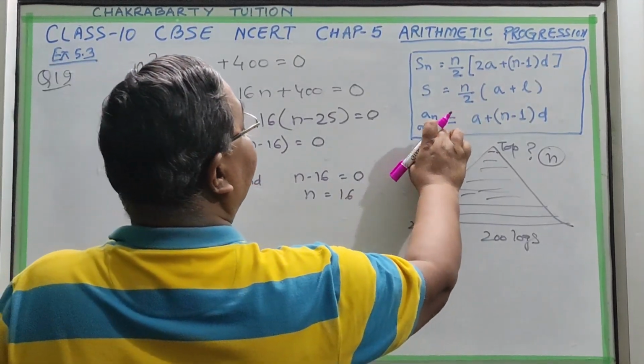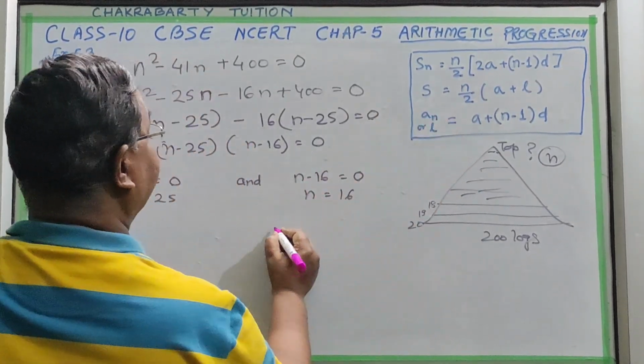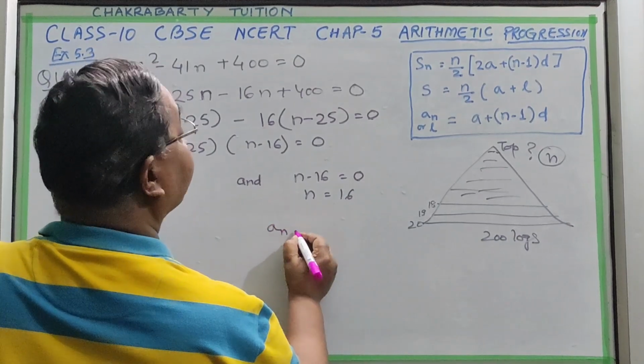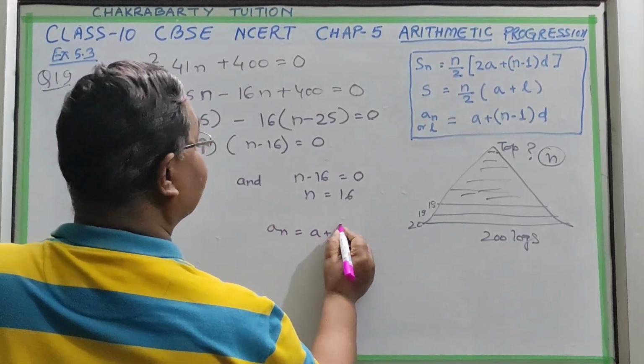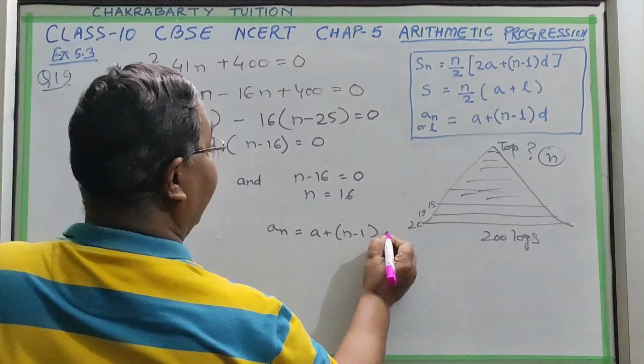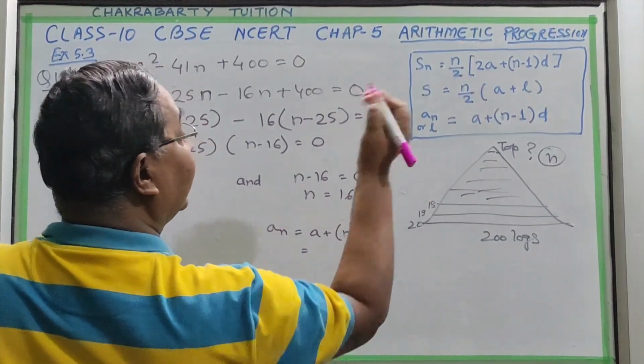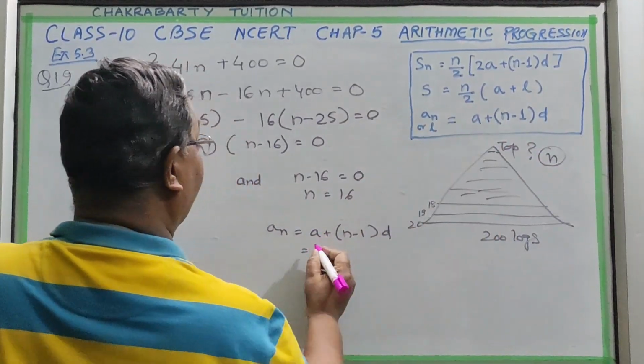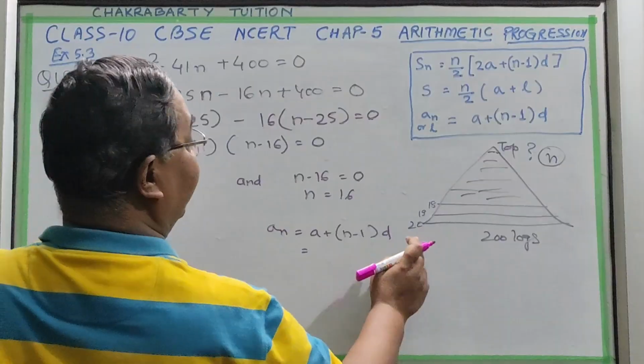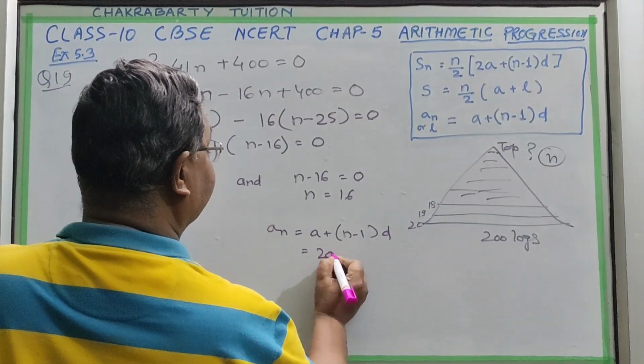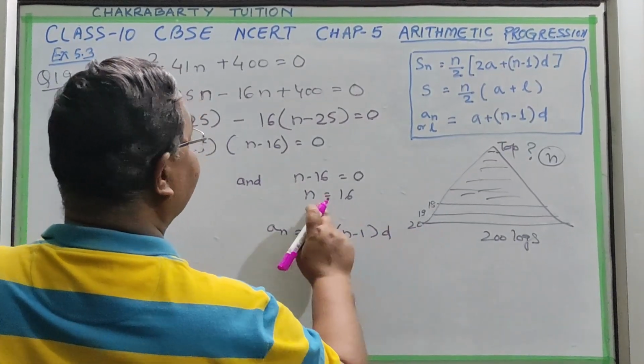So here we will take the formula an is equal to a plus n minus 1 times d. A is the number of logs on the top, so we have to find out a. Here a is 20, given, and now it is 16.